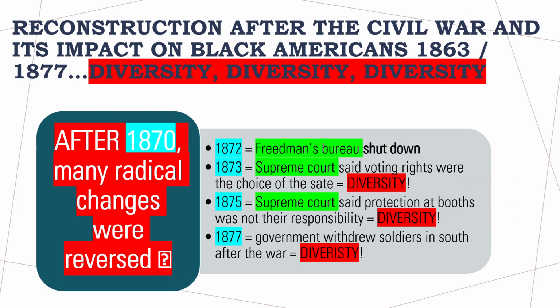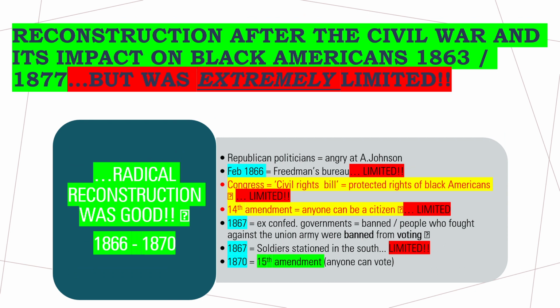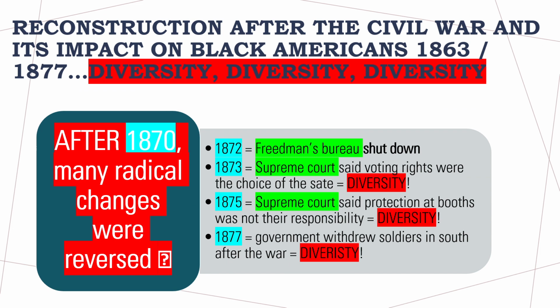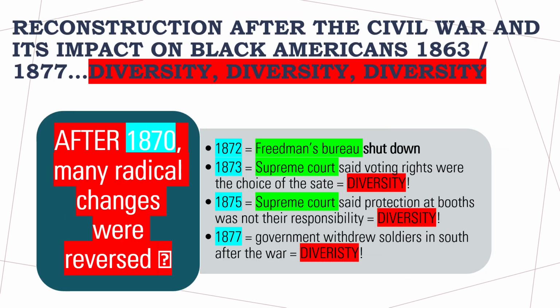To compound this, in 1877, the government withdrew the soldiers in the South after the war, which is, once again, another diversity, because they were only just introduced in 1867. So as you can see, this slide is just the complete opposite of this slide, which means you can talk so much about limitations and diversity and significance, and it's just a really, really juicy topic.